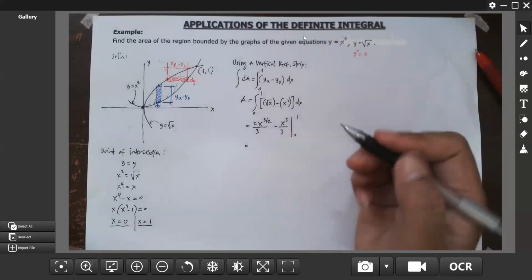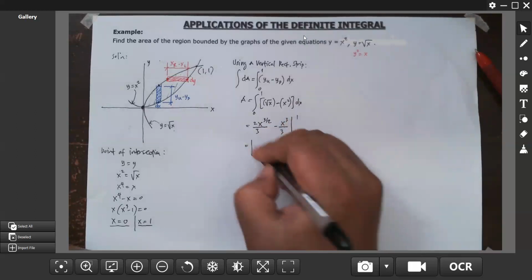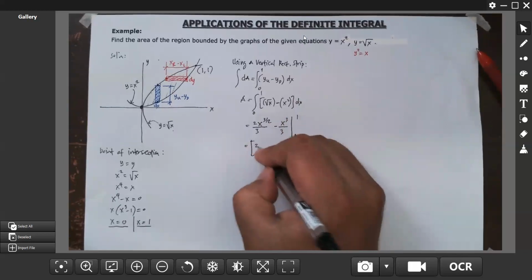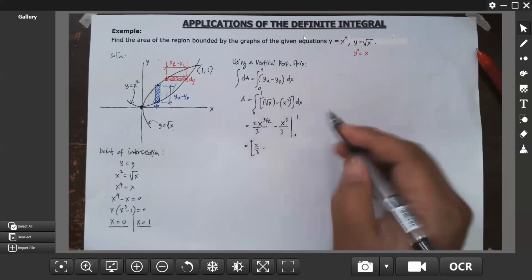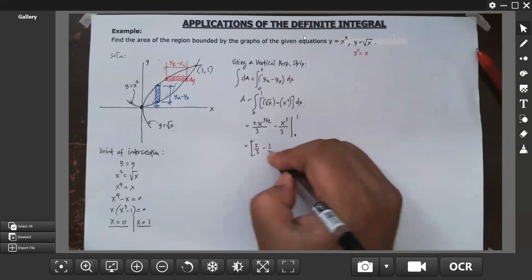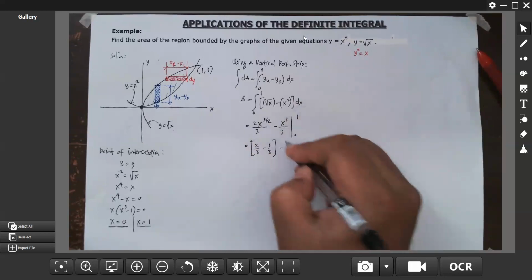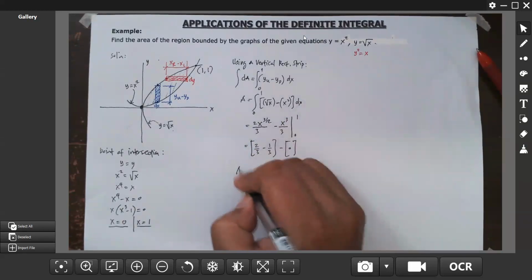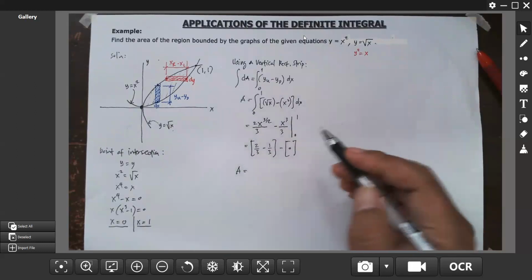So we evaluate: 2/3 times 1, we have 2/3 minus 1/3, minus the lower limit 0. And the area is 1/3.